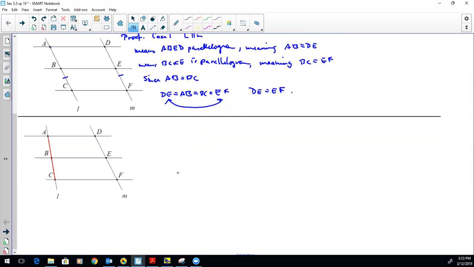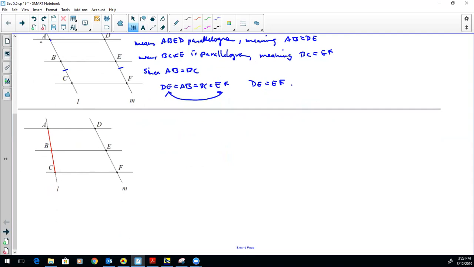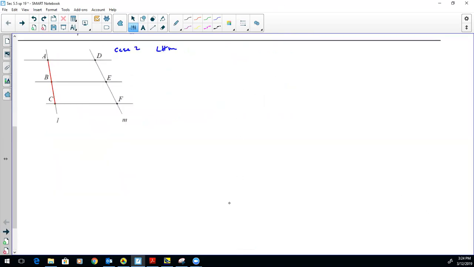When they're not parallel, it's a bit longer here. L and M are not parallel. So I can't appeal to a parallelogram having equal opposite sides. But I'm going to make a parallelogram. I'm going to use the parallel postulate. Okay, extend the page here.